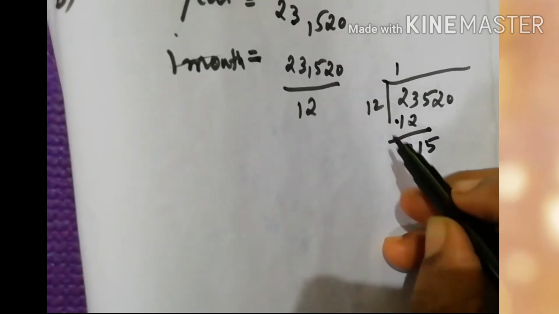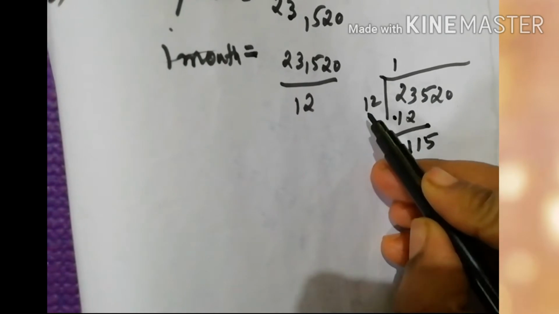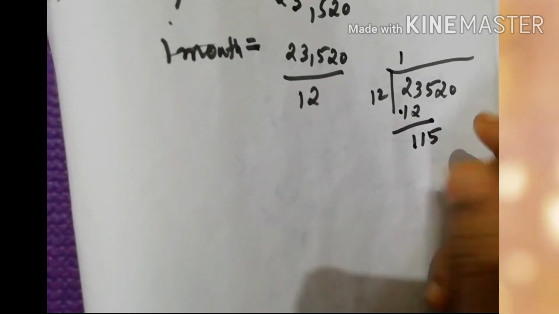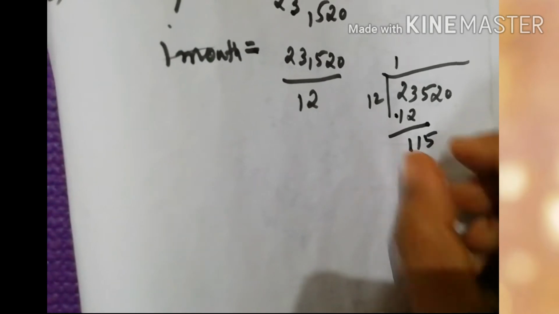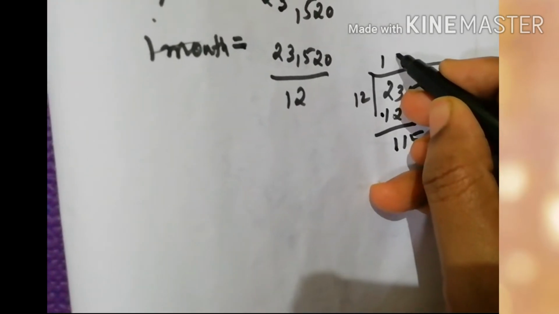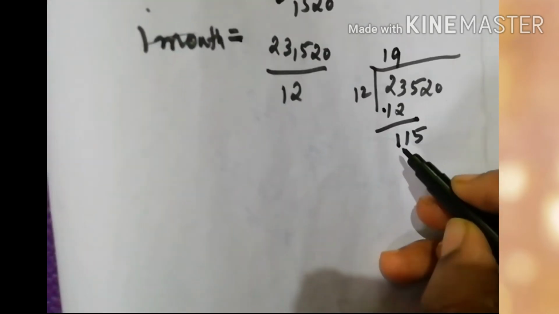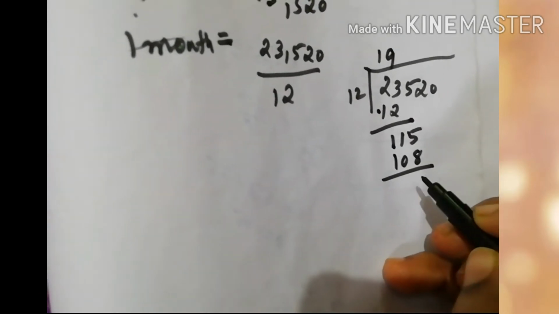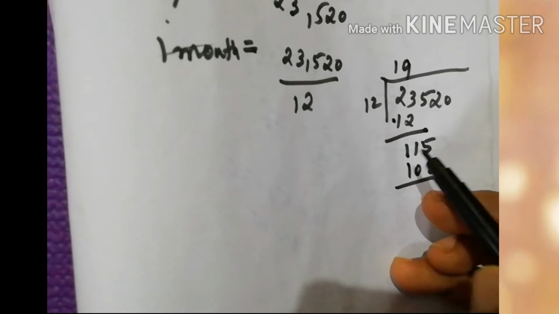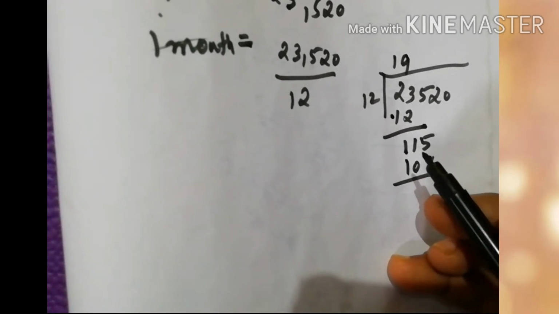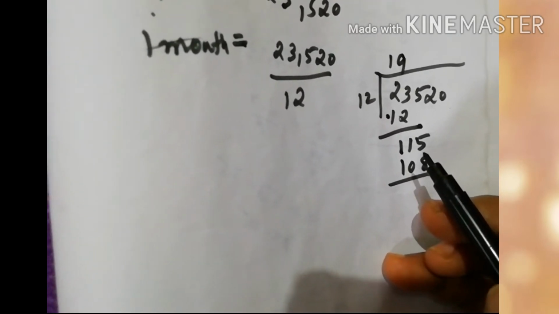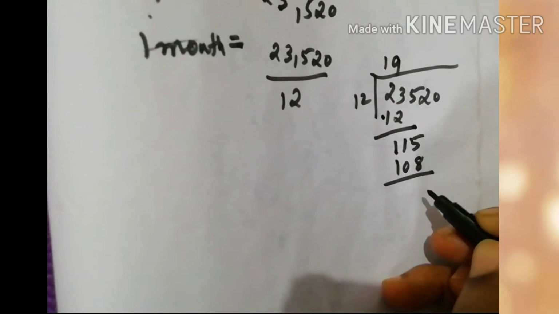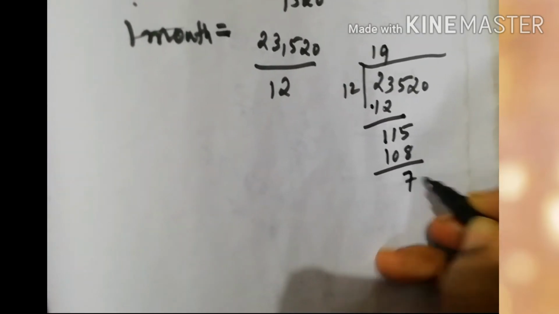Okay, next. 12 into 10 means 120. That is bigger than this number, so it will be 12 into 9. What is that? 108. We need to study the multiplication table up to 15, then only you can do it easily. 15 minus 8, 7.